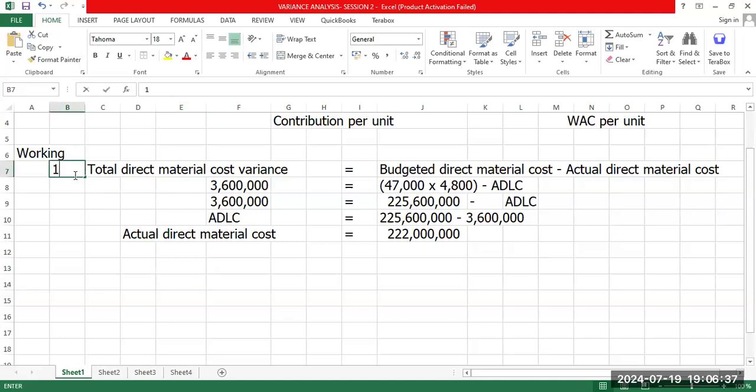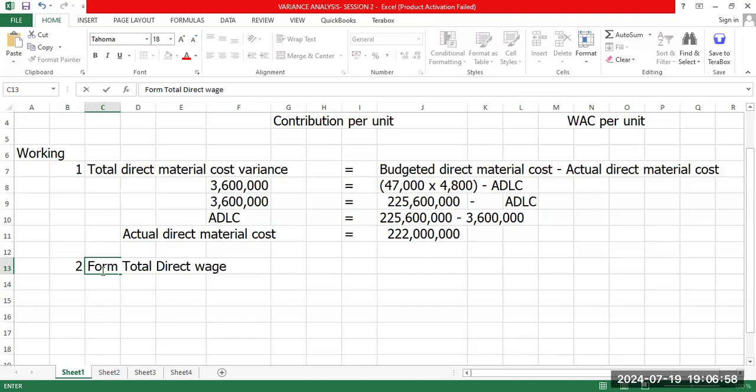Working number two is to get actual direct wages. But I will say from total direct wage variance.